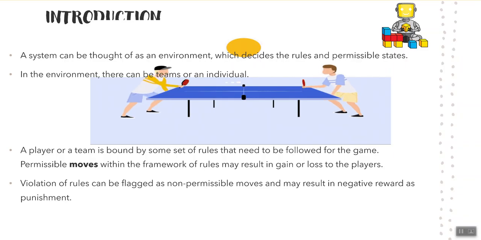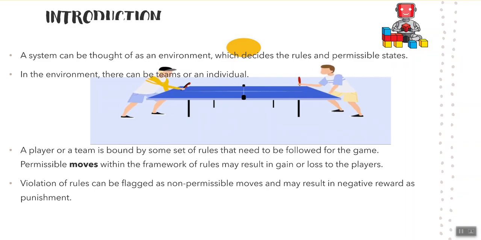But if you have some other kind of games, like cricket, I hope you must have experienced this both with the touch of a computer and even on the cricket ground too. A team plays that particular game. A player or a team is bound by some set of rules that need to be followed for the game.